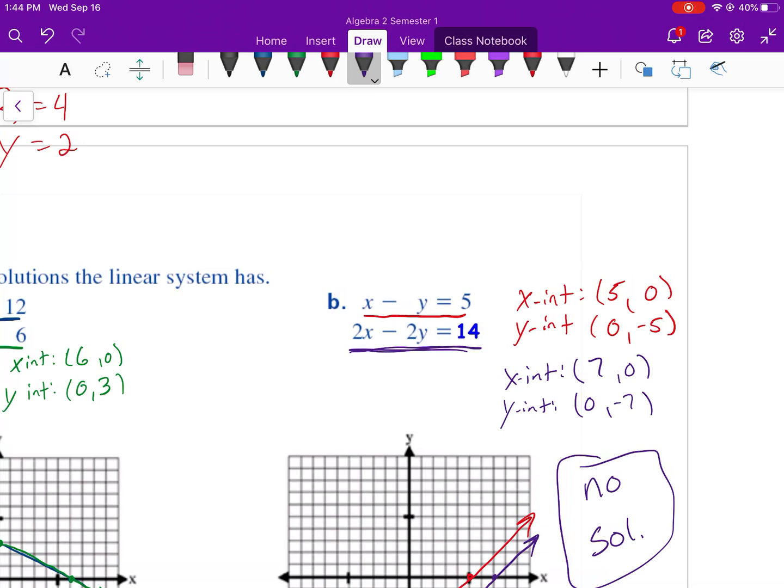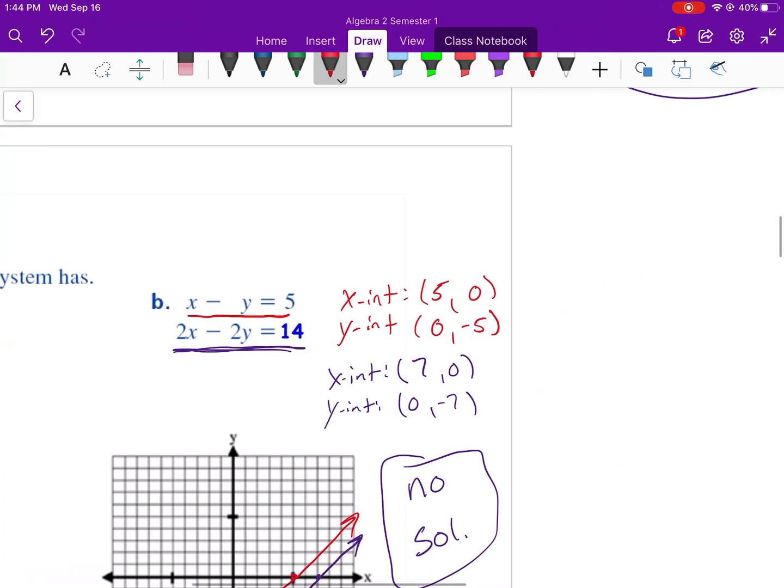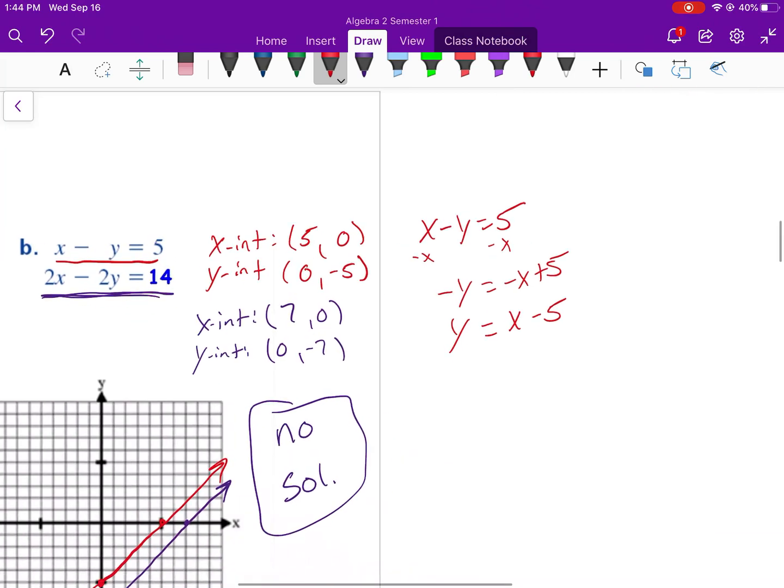One way to check this, if you're getting confused, you can always put these equations into slope-intercept form. Okay, so we got x minus y is equal to 5. Subtracting that x over, we get negative y equals negative x plus 5, and then changing the sign for all of those, y is equal to x minus 5.